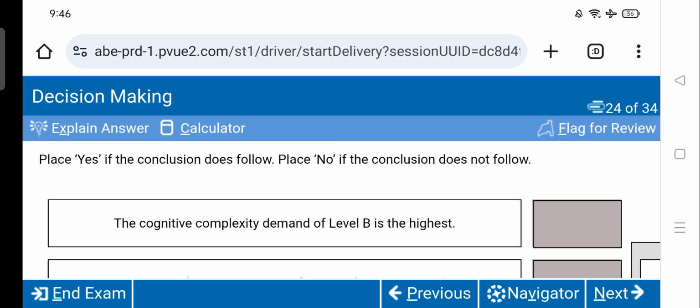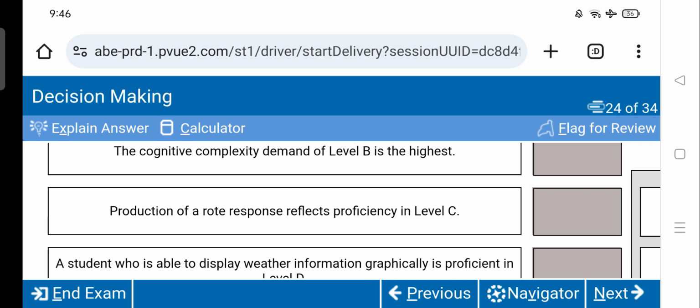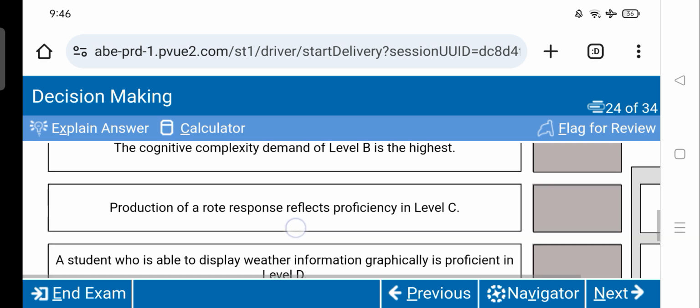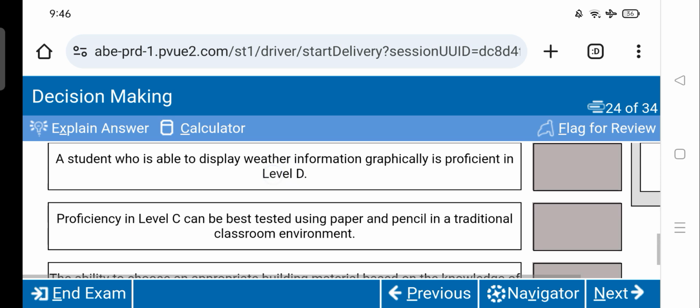The cognitive complexity demand of level B is the highest. Production of a rote response reflects proficiency in level C. A student who is able to display whether information graphically is proficient in level B. Proficiency in level C can be best tested using paper and pencil in a traditional classroom environment.